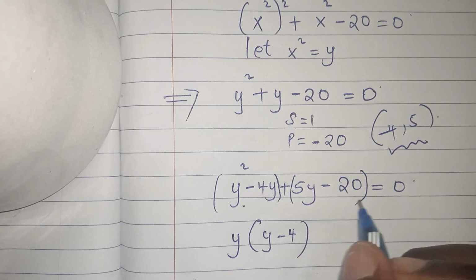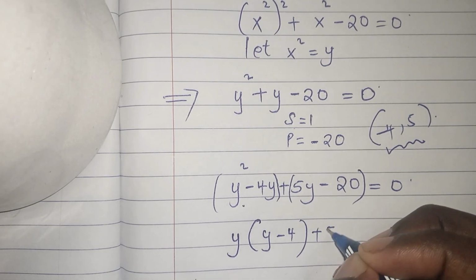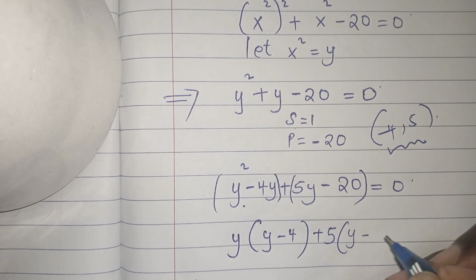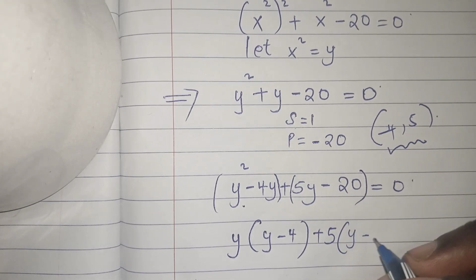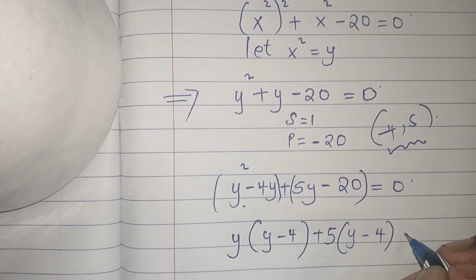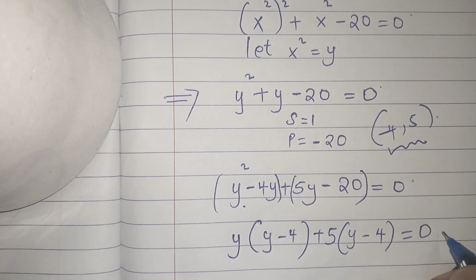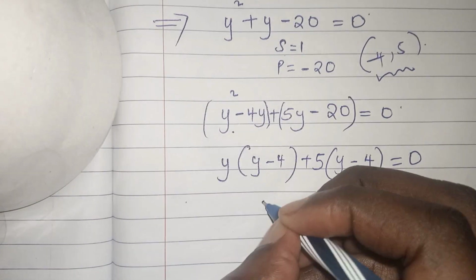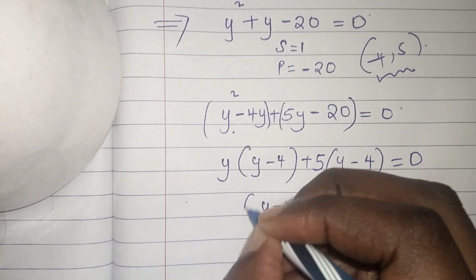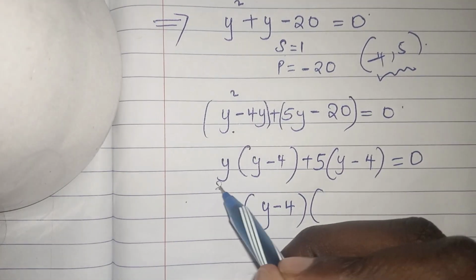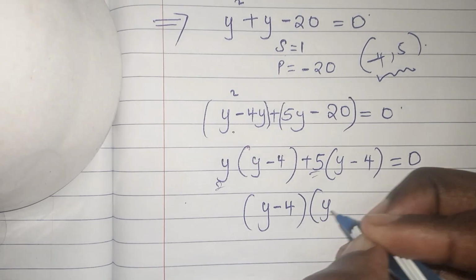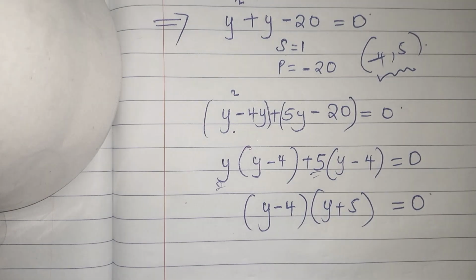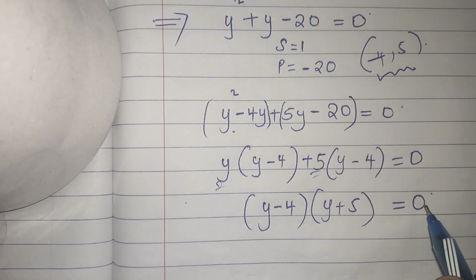For this case here, we are going to factor out 5. So 5y divided by 5, this is y, minus 20 divided by 5, this gives us 4, bracket is equal to 0. So y minus 4 is common. Y minus 4 into bracket, then bracket, pick what is left outside the bracket, y plus 5, bracket is equal to 0. So their product gives us 0.